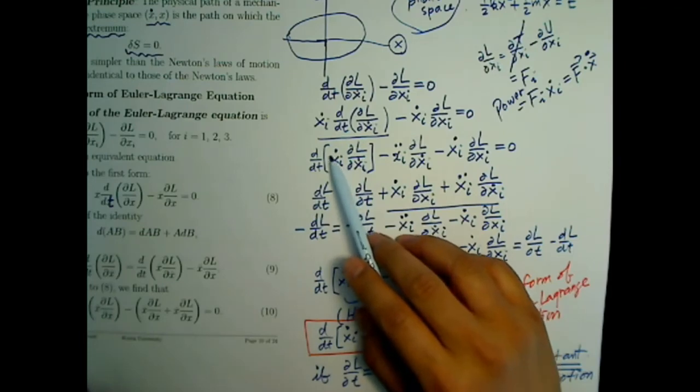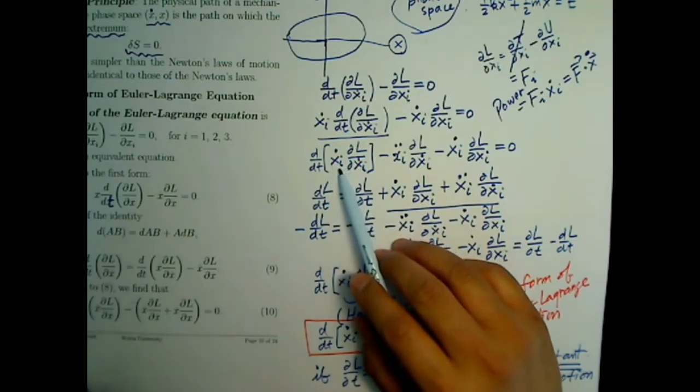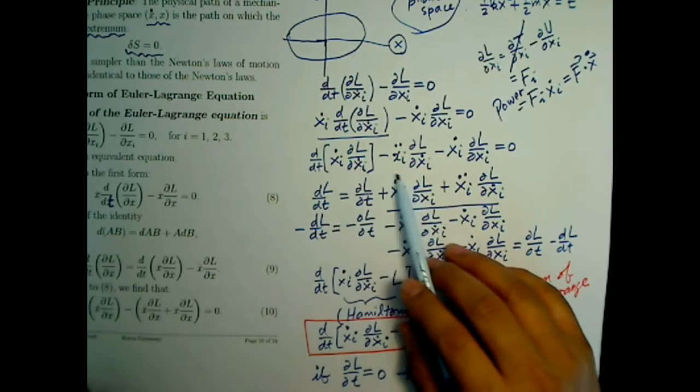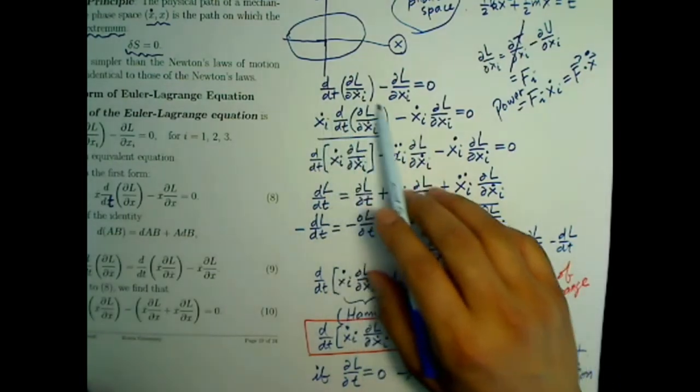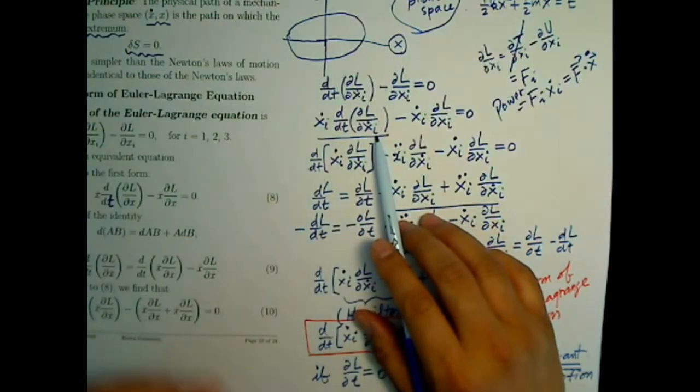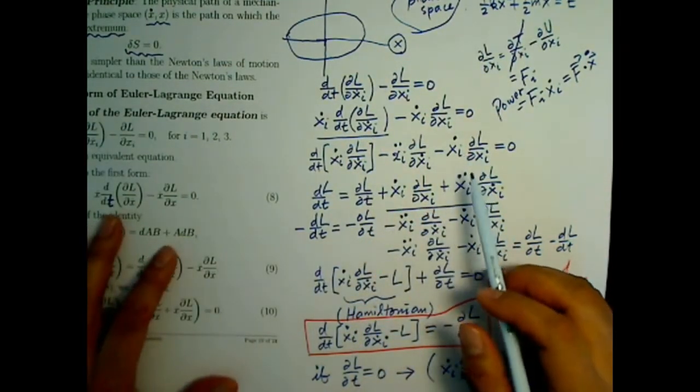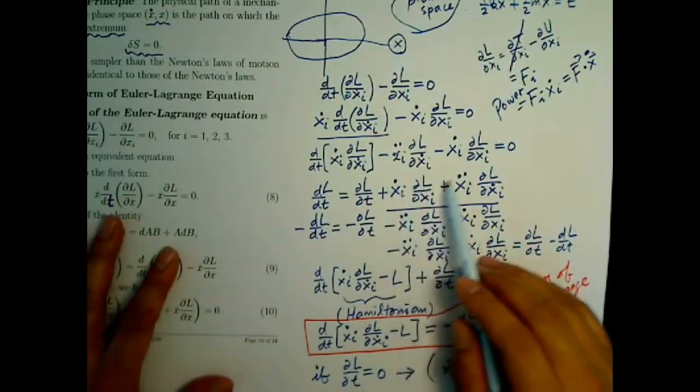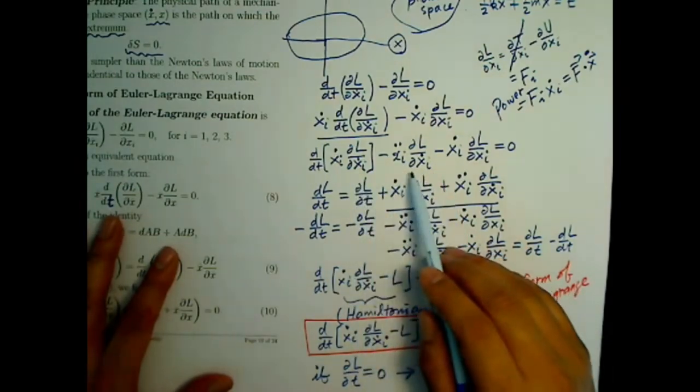That is a double time derivative of x. So that should be subtracted to have this one equal to the original term.